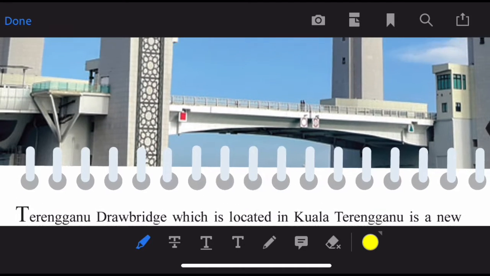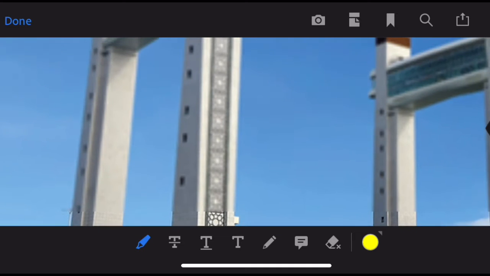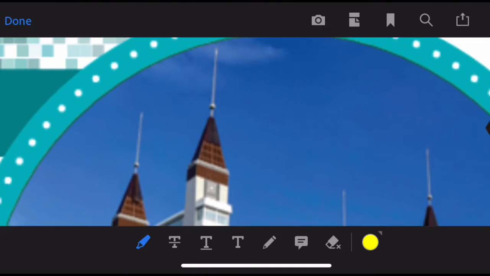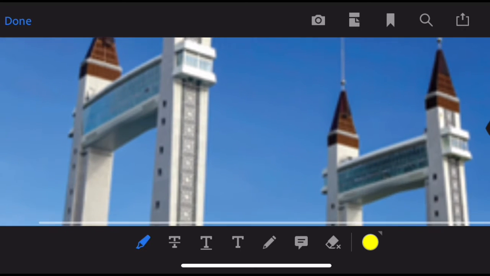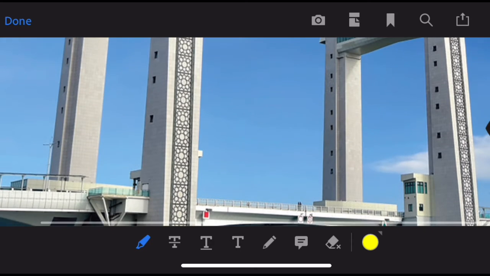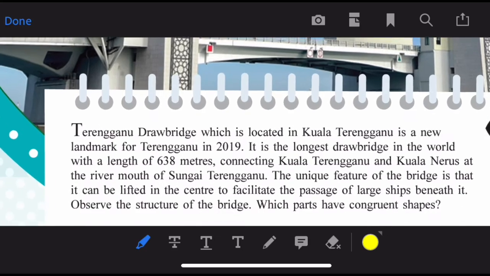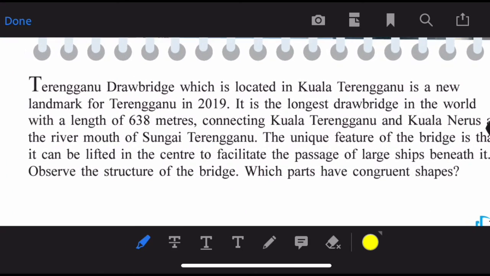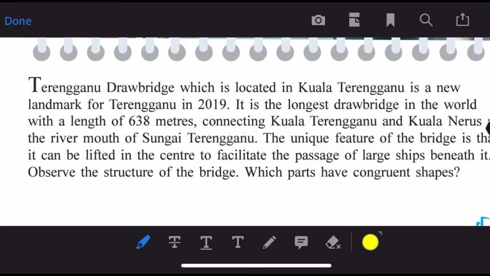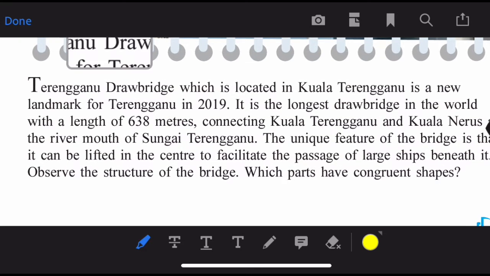Alright, let's have a look at this Terengganu Bridge. It looks very artistic. Wow, it's so high and so beautiful, right? So this is the Terengganu Drawbridge, which is located in Kuala Terengganu. It is a new landmark for Terengganu in 2019.